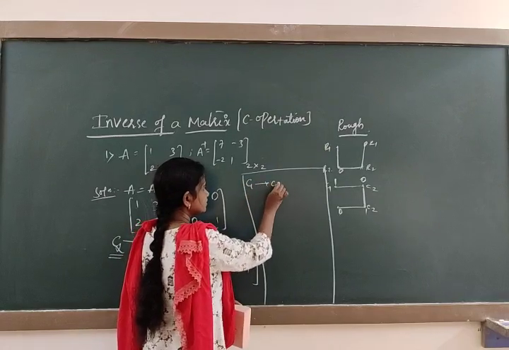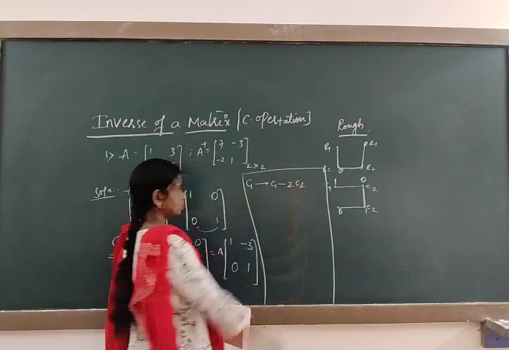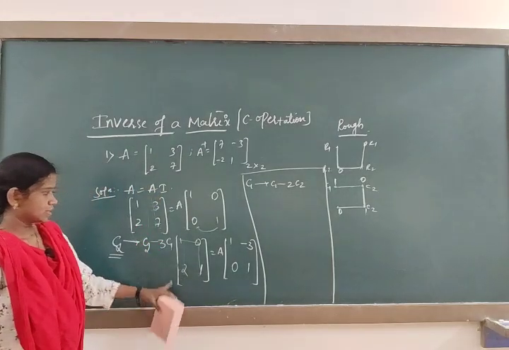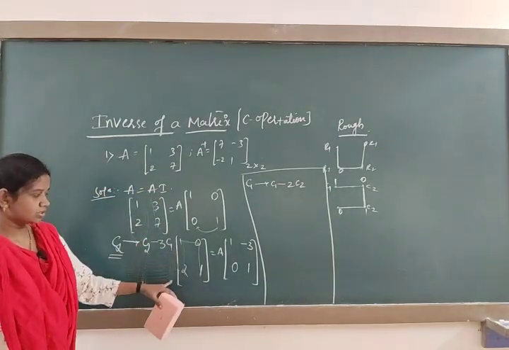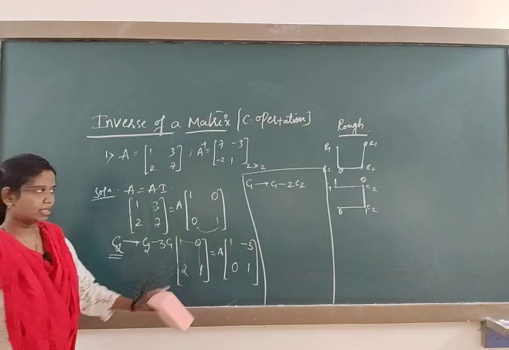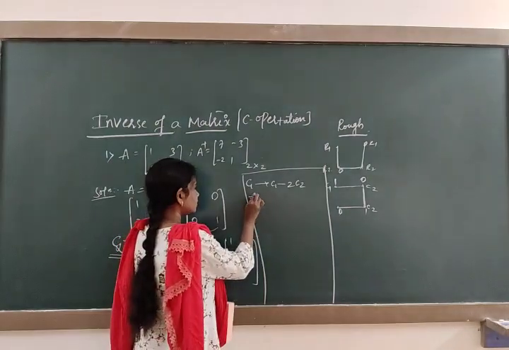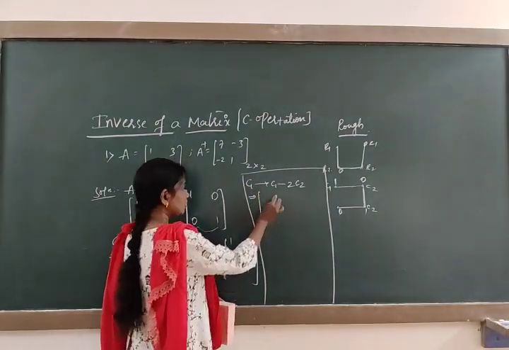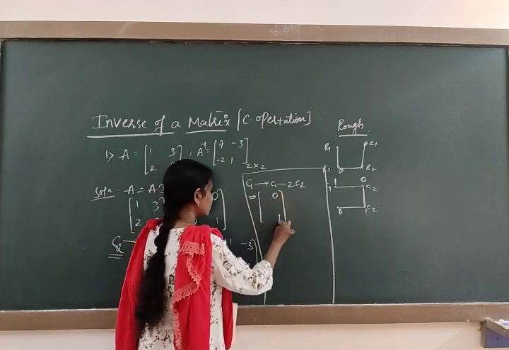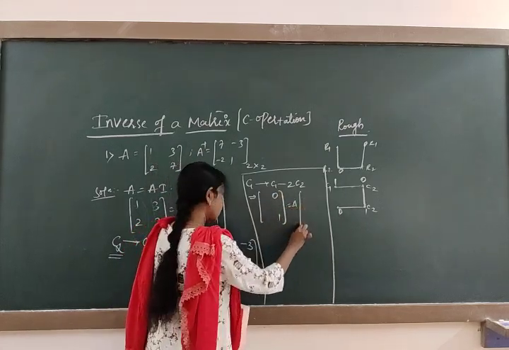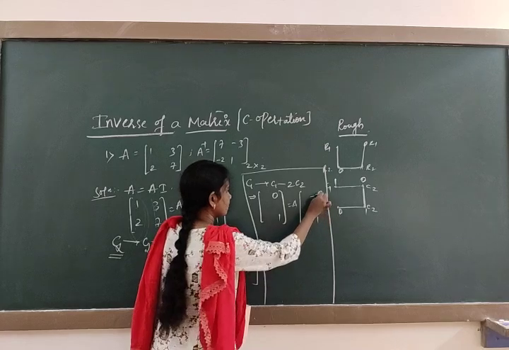C1 changes as C1 minus 2C2. So we are taking the transformation for C1, which means the C2 elements will be the same. Therefore the C2 elements are the same: [0 1] is equal to A of [1 0; minus 3 1].